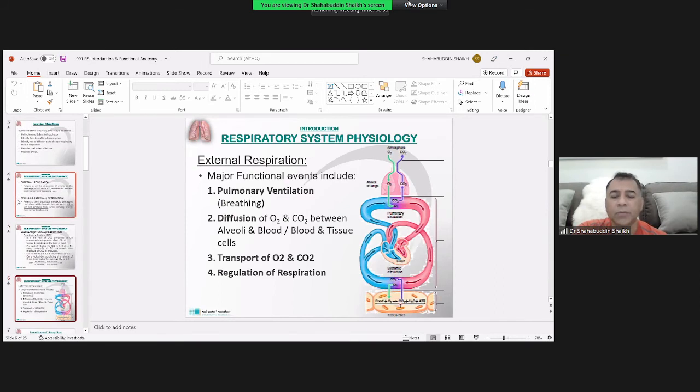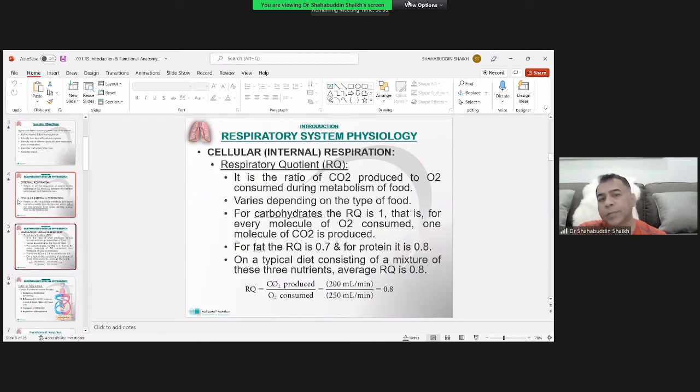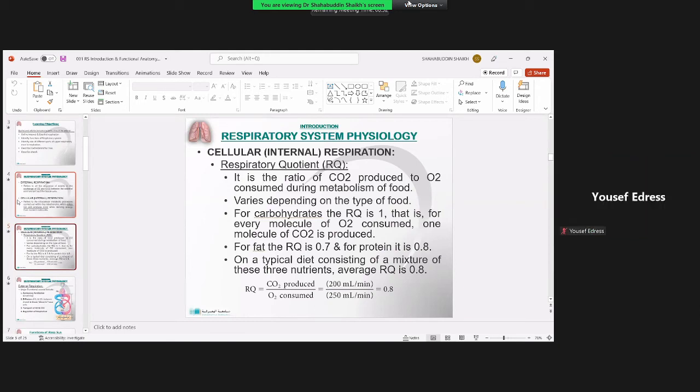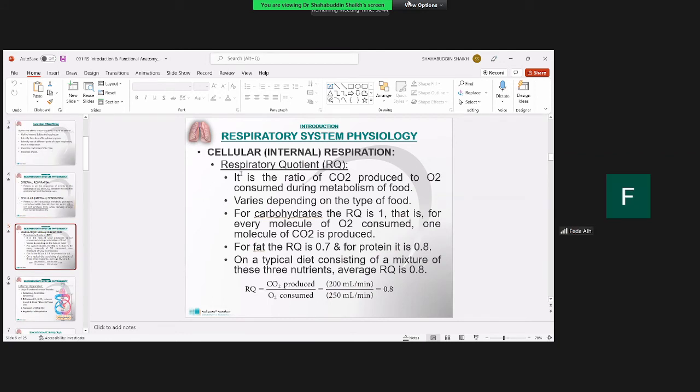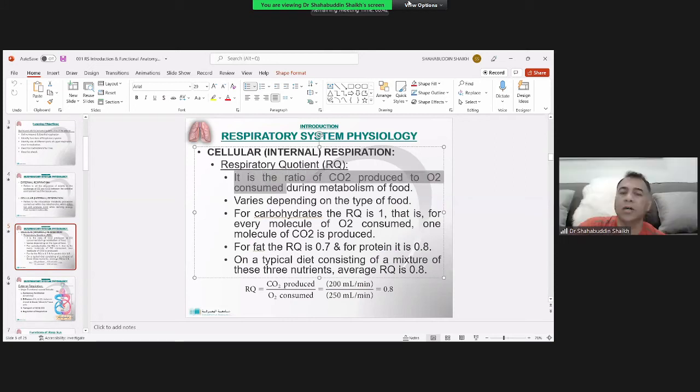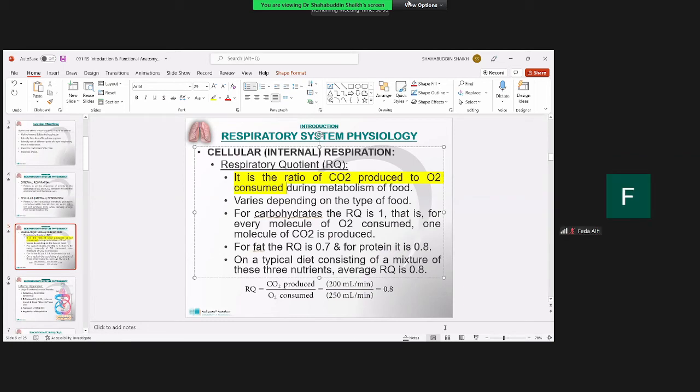One very important concept which you have to remember is respiratory quotient. What is respiratory quotient? The ratio of CO2 produced to O2 consumed. So that is respiratory quotient.